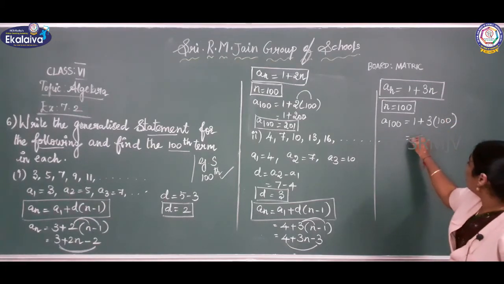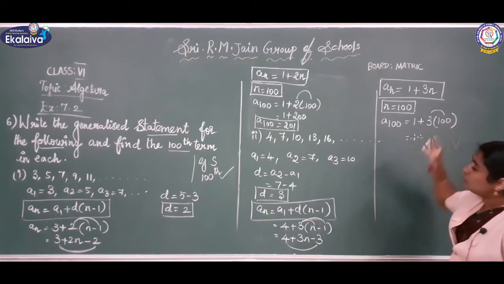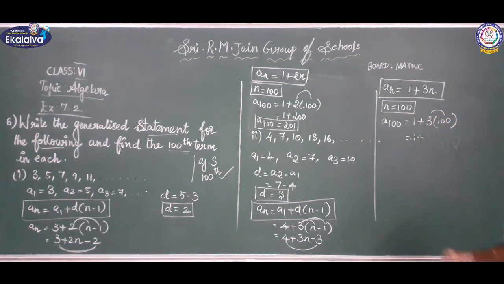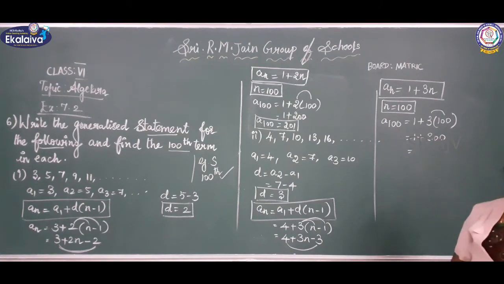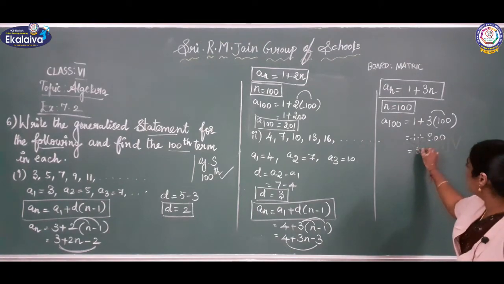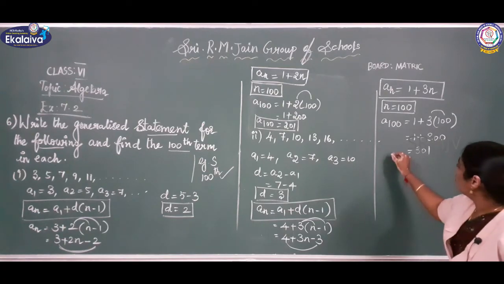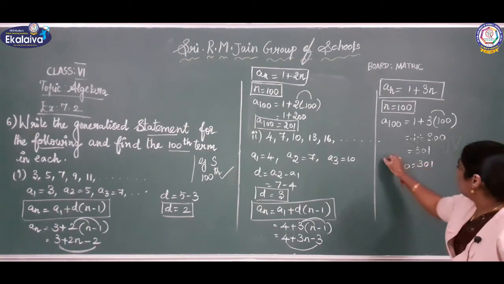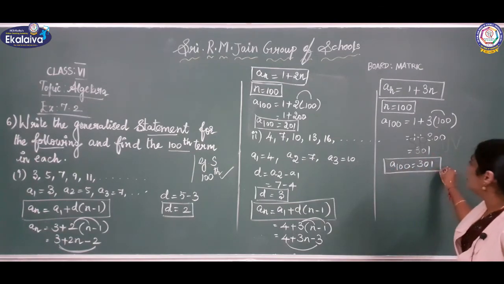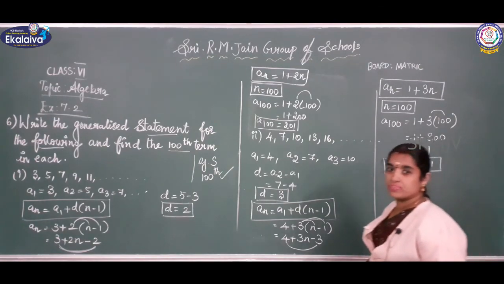Got it? Now 1 plus 3 into 100 is what? 300. Now you have to add this 1 plus 300, which is 301. So A100 is equal to 301. Can you clear this, children?